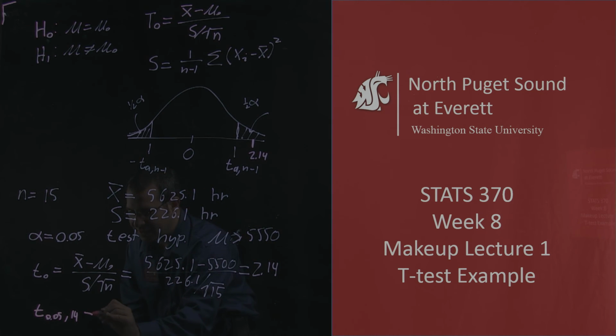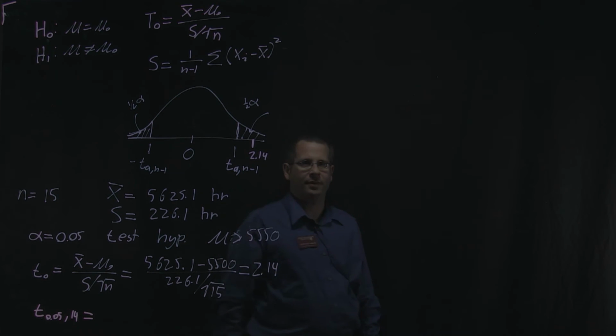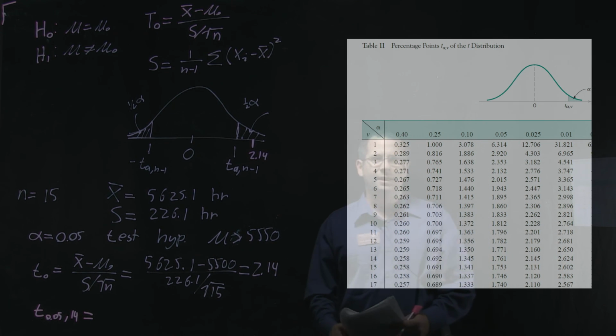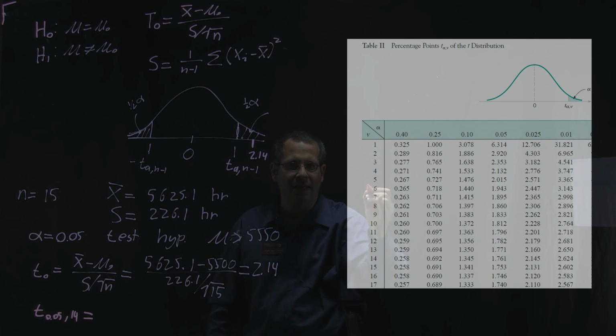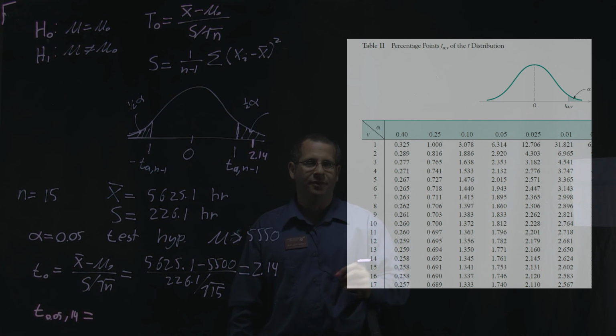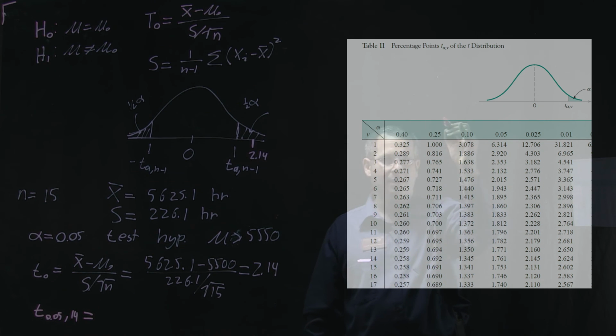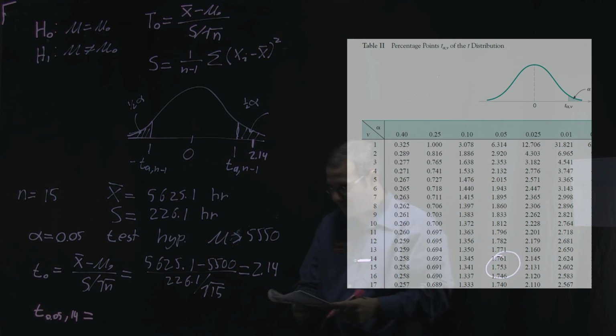And to get this value, I go to my t-distribution chart, and I look down along this side until I get to 14, which is my number of degrees of freedom, and I look along the top until I get to 0.05, and I go down until I get to the one in the middle, one of those values right there.